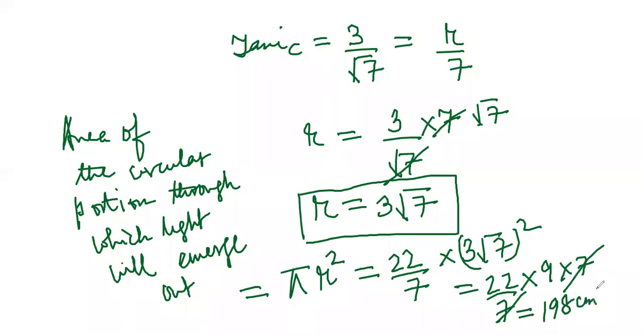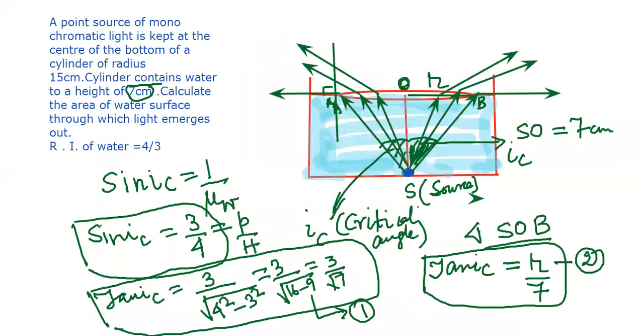I hope it is clear to all of you. We have to find this area through which the light will emerge out, and this area is equal to 198 centimeter square.